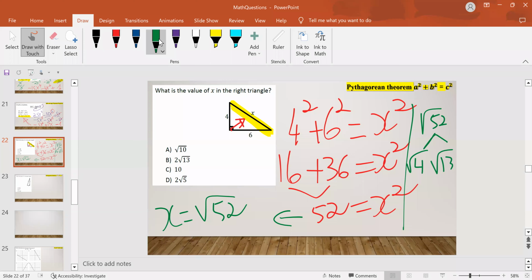And the square root of 4 is a regular 2. So the answer is 2 square root of 13. The best choice here is B. We continue.